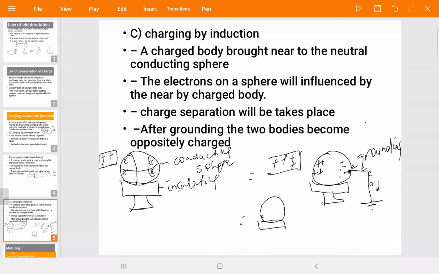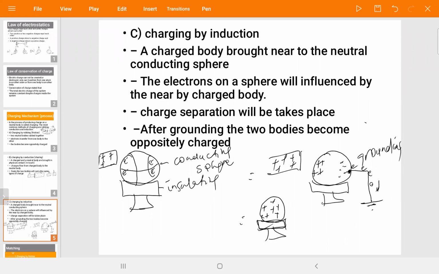Due to the withdrawal of this positive charge rod, the charge on the sphere will redistribute. We know that if an object is regular, charge will distribute evenly, a uniform distribution of charges.